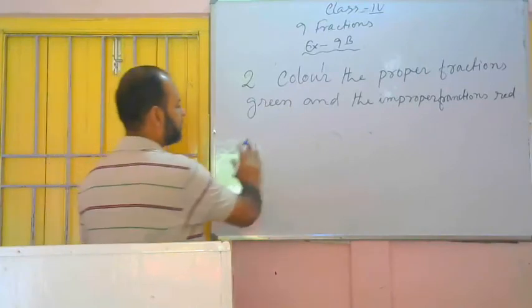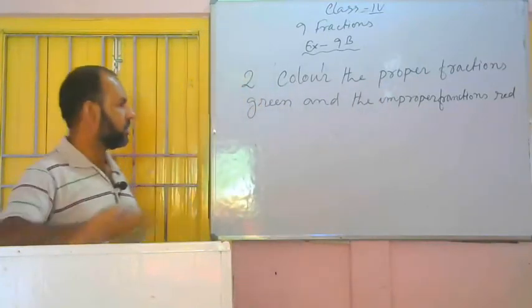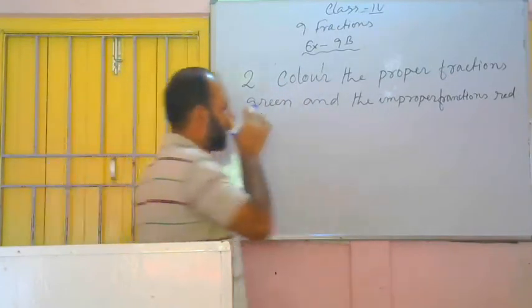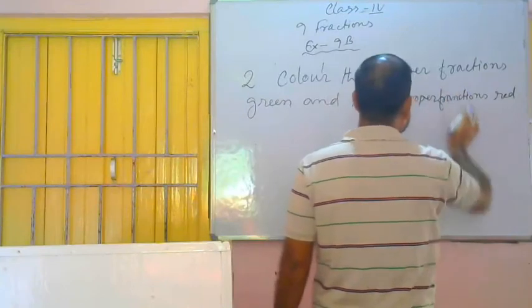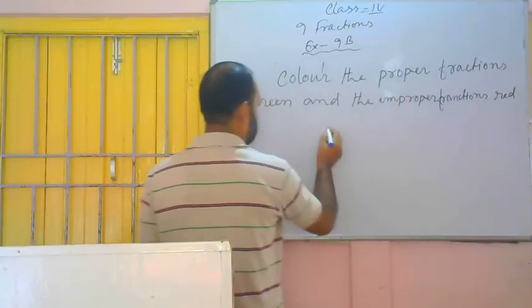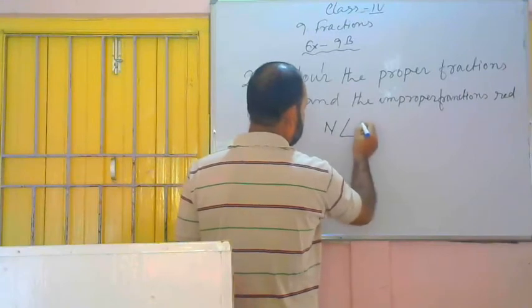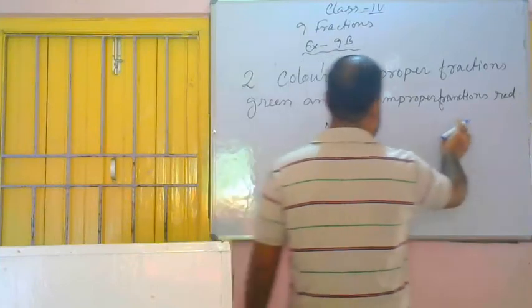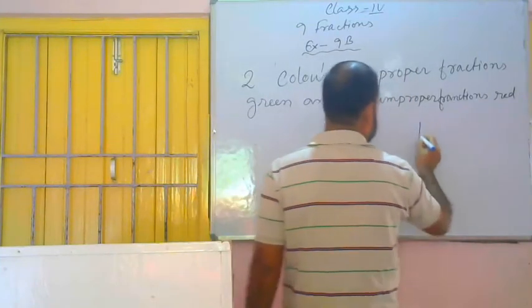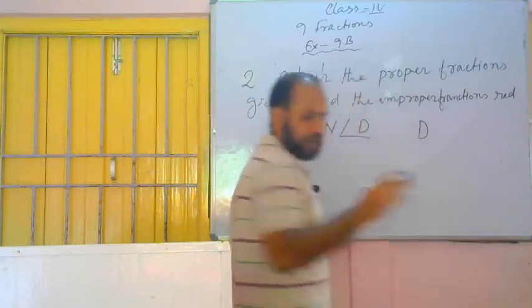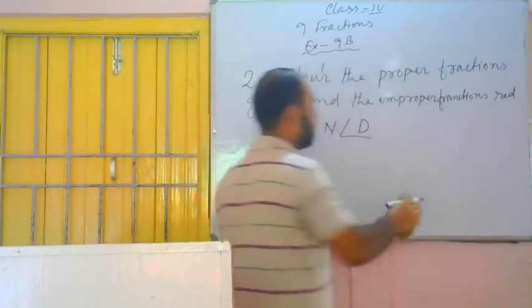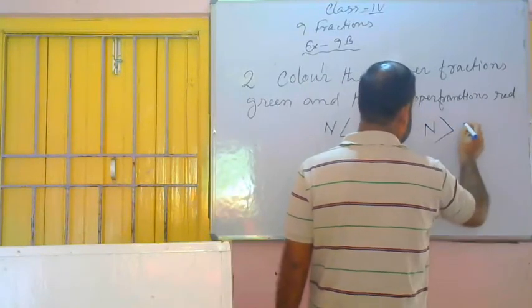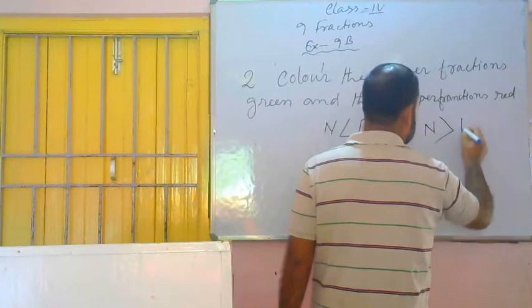So we know proper fraction, the numerator is smaller than denominator. And the improper fractions, the numerator is greater than denominator.